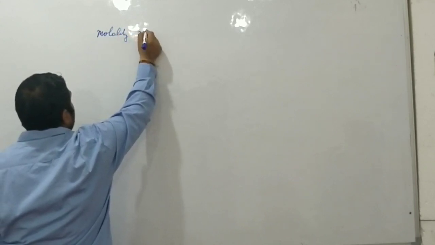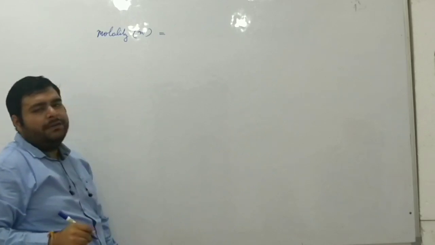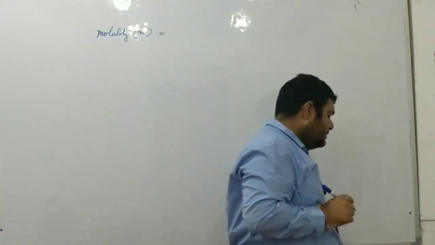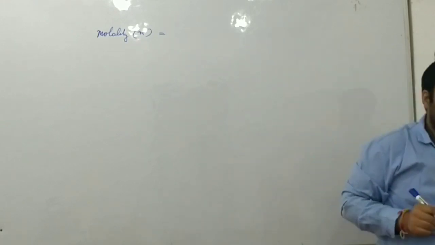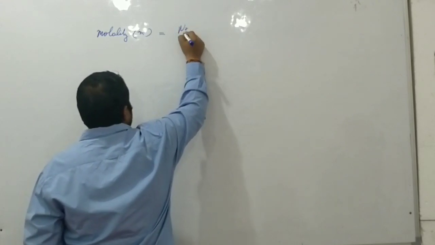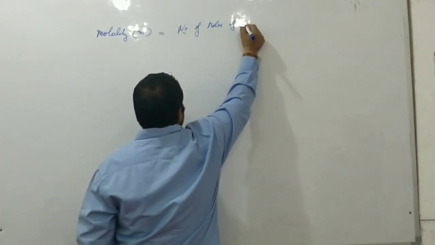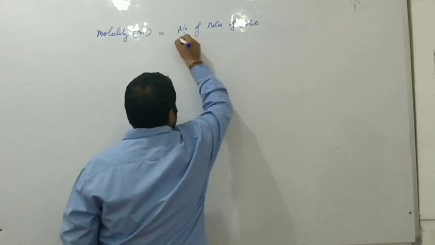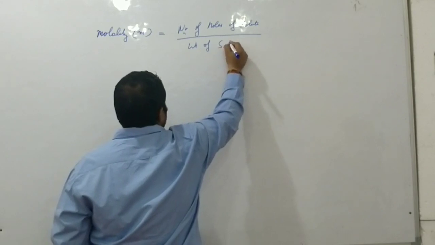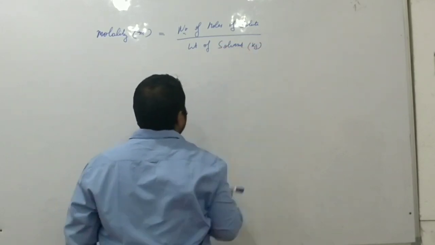It is denoted by small m, molality. It is defined as the number of moles of solute divided by weight of solvent in kg.